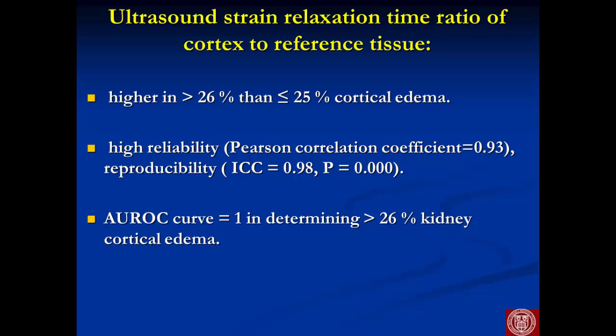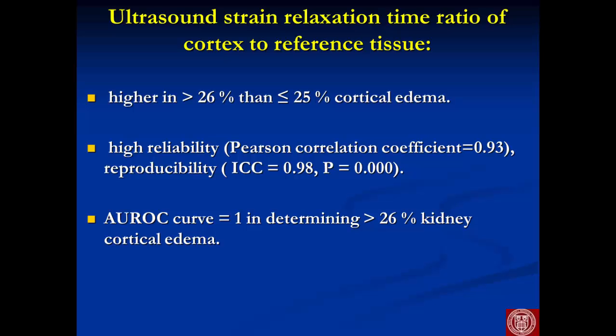So you may note that the ultrasound strain reduction time ratio of cortical to reference tissue is higher in high grade cortical edema than lower grade cortical edema. And this technique has a high reliability and reproducibility.